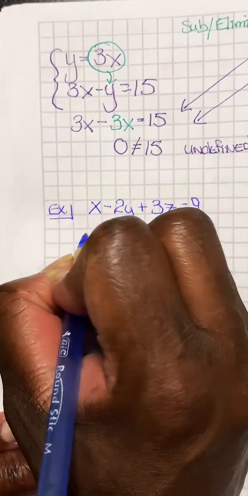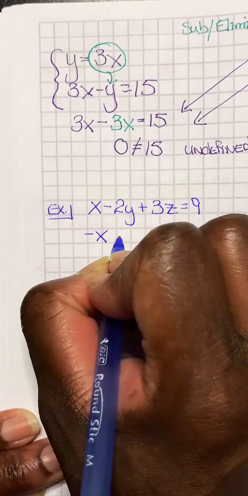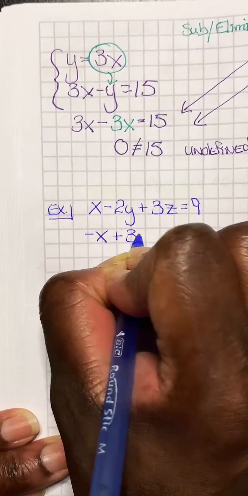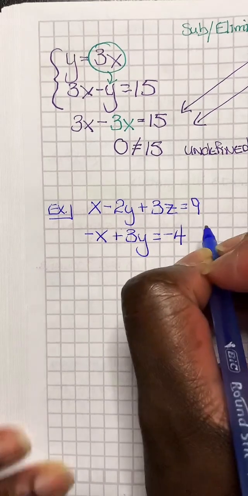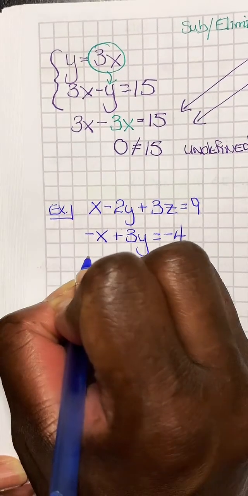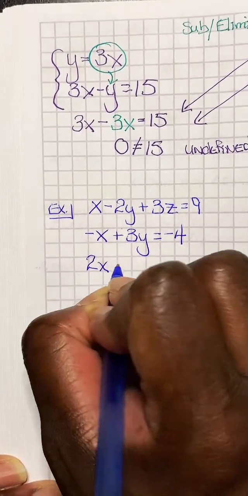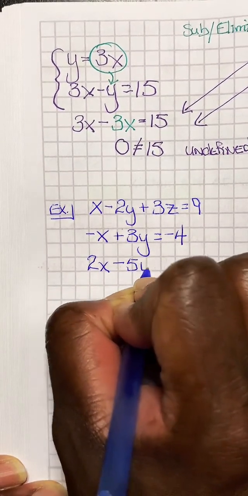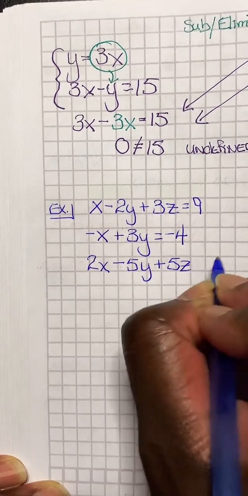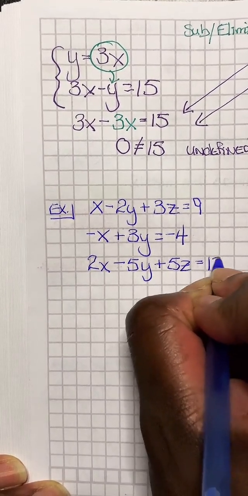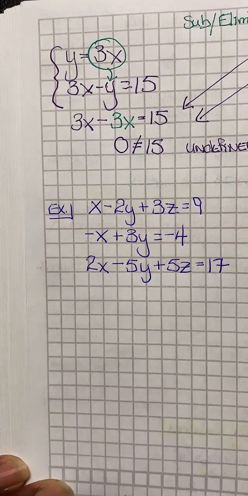Another one will be negative x plus 3y equals negative 4. And the last equation will be 2x minus 5y plus 5z equals 17.